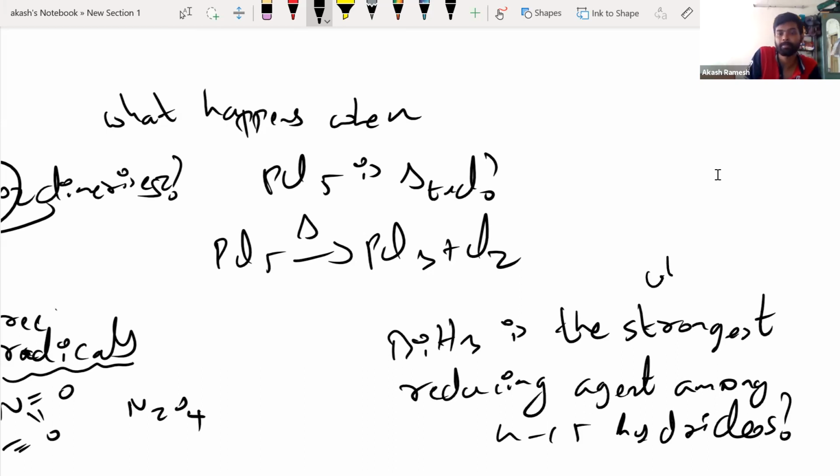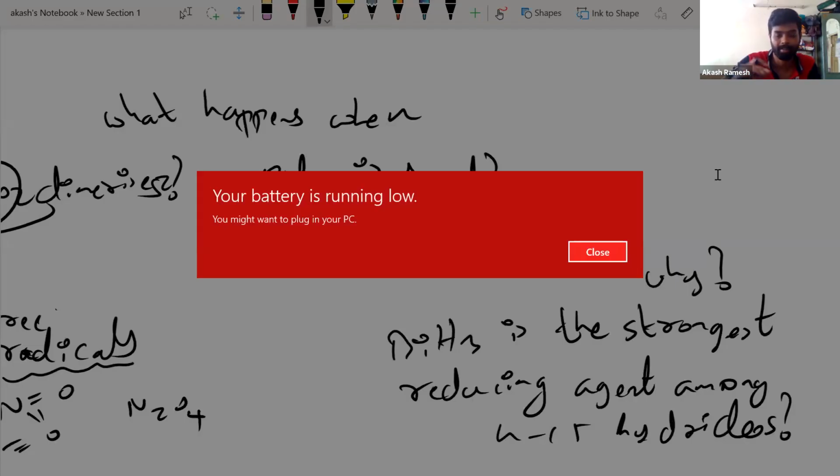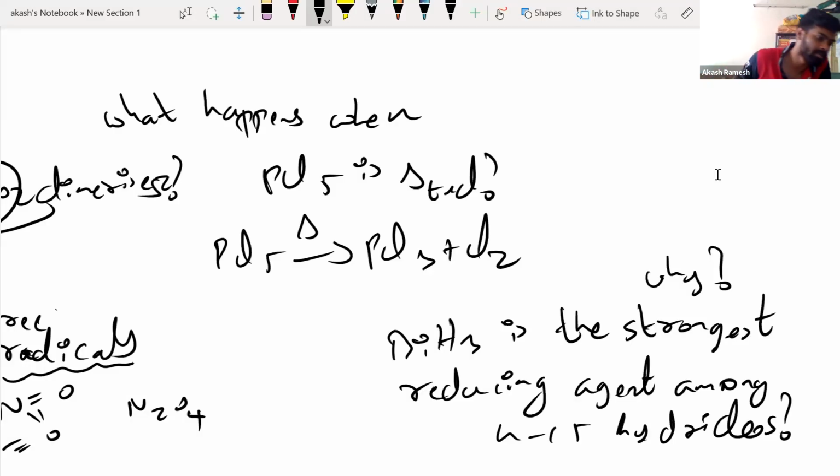Why? Group 4, this is a question. BiH3. Yeah, right. So what I was telling is, why is BiH3 the strongest reducing agent among group 15 hydrides?